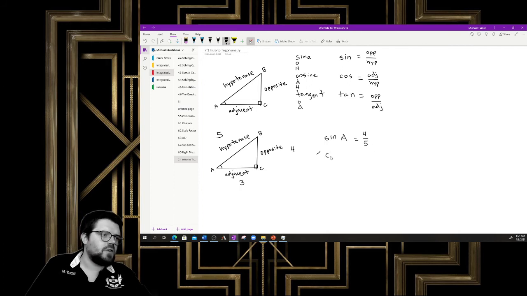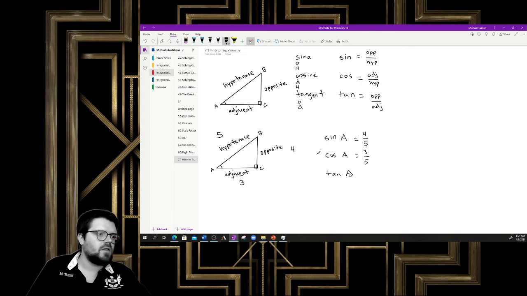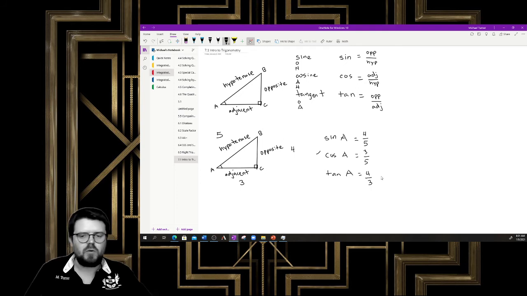If I asked you for the cosine of that angle, you're looking at adjacent over hypotenuse. So for this angle, 3 is adjacent, 5 is the hypotenuse. So that is 3 over 5. And if I ask you for tangent of that angle, that is opposite over adjacent. Opposite side is 4, adjacent side is 3. So that is 4 over 3.